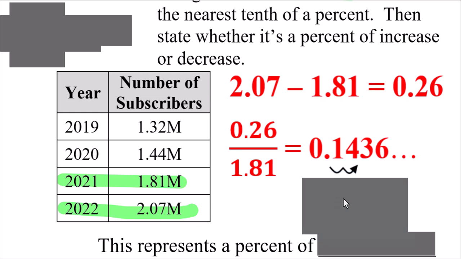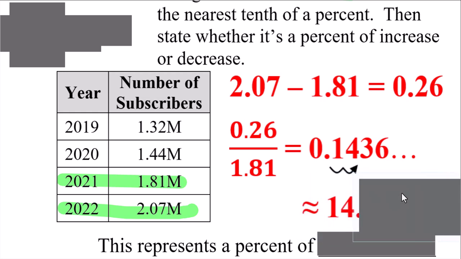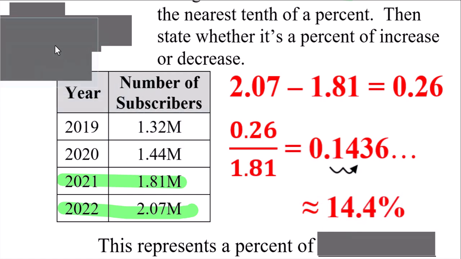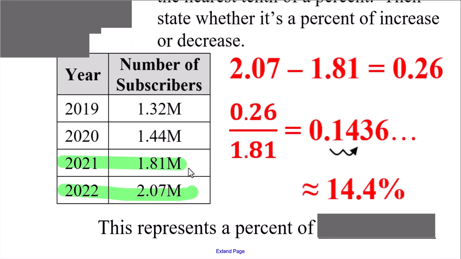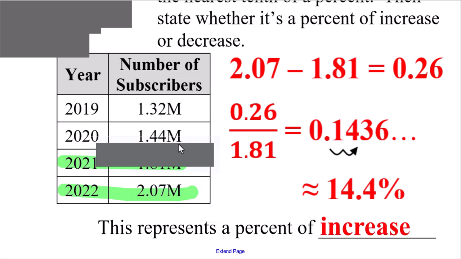So move that two places to the right. 14 point, well, will it be 3 or 4? The 6 is 5 or more, so it's going to round up to 14.4%. And as you can see from 2021 to 2022, the number of subscribers increased. In fact, they continue to increase this entire 4-year time frame. So that's the word you put in the blank.